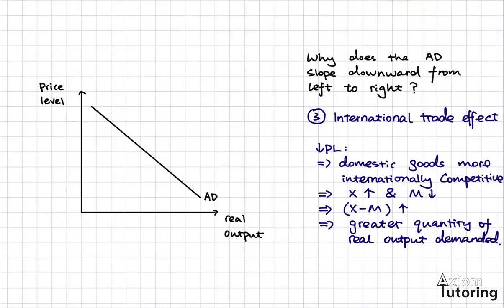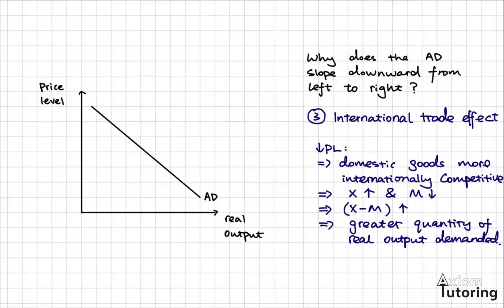At the same time, UK consumers may find foreign goods relatively more expensive compared with locally produced alternatives, so demand for imports may fall. As exports rise and imports fall, net exports will increase. Remember, net exports equals exports minus imports.